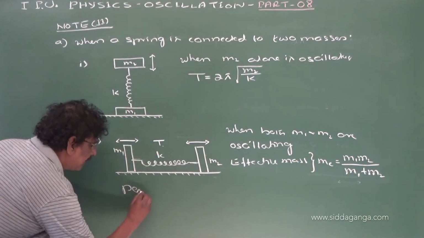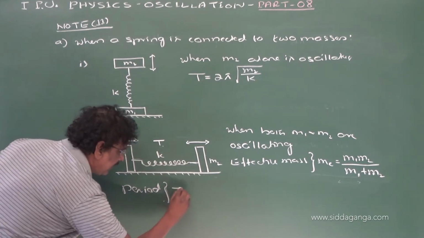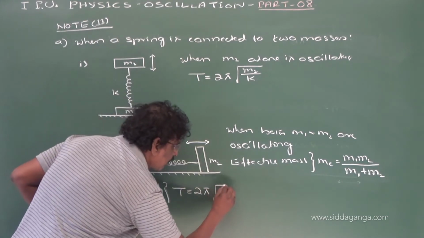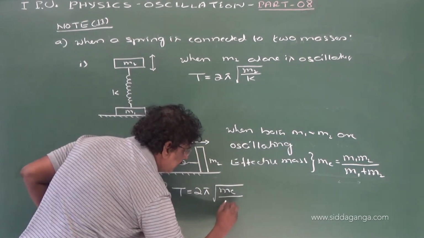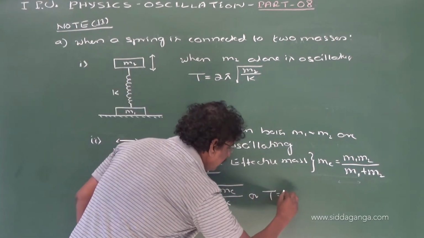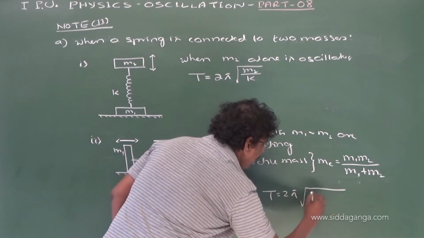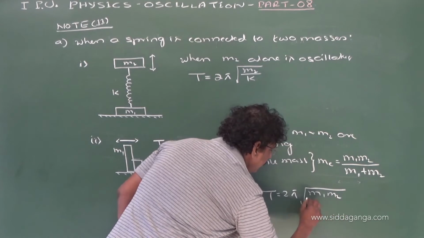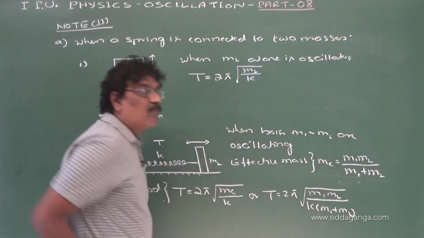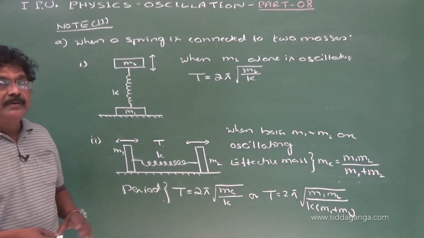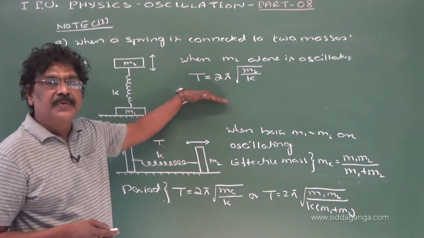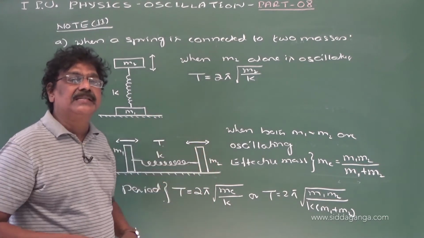Now the period of oscillation t is equal to 2 pi into square root of me by k, or t is equal to 2 pi into square root of m1 m2 divided by k into (m1 plus m2), right?